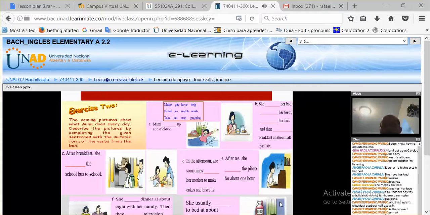Yeah, that's right. Remember that when you are talking about the third person he, she, and it, the verb always changes. So you are not going to write the same verb. You have to add the ending that corresponds to the verb, according to the final letter of the verb. You have to check the rules in order to make it right.